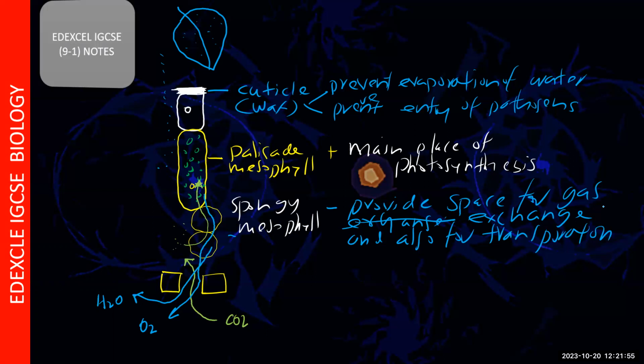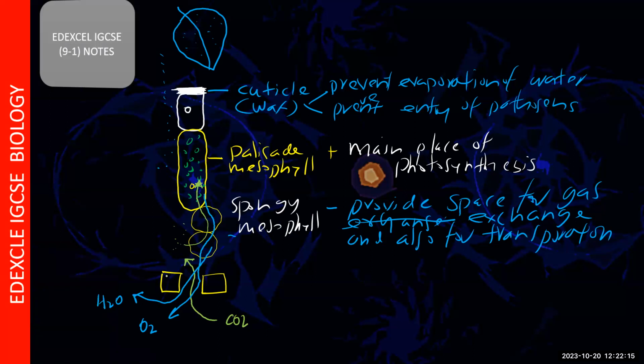So it's an area where there is a lot of space. So then gases, oxygen and carbon dioxide, can easily exchange. With the help of the spongy mesophyll cell, it makes a lot of loose space, so then it can maintain the concentration gradient.